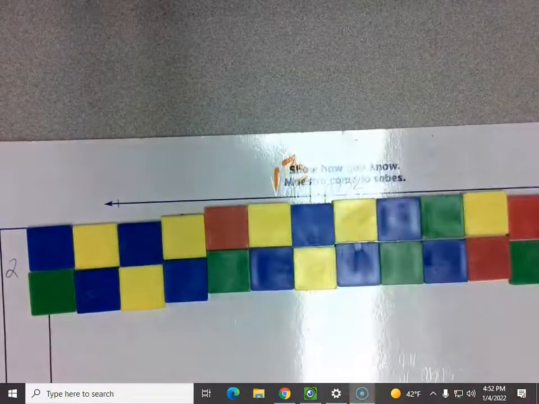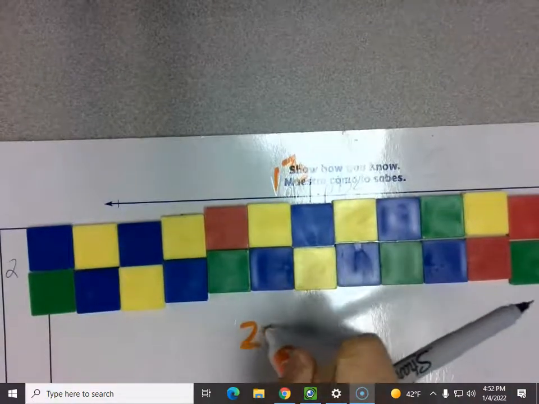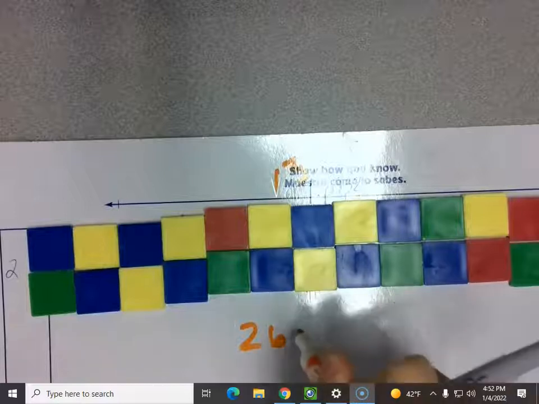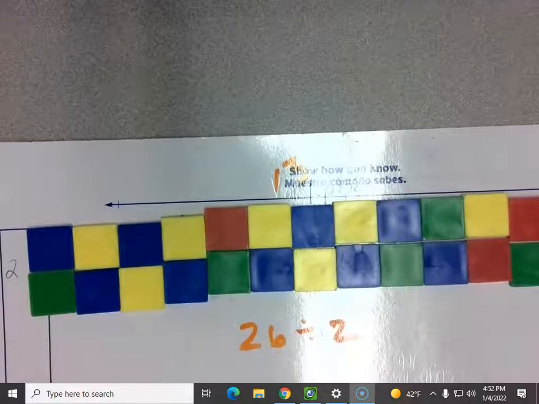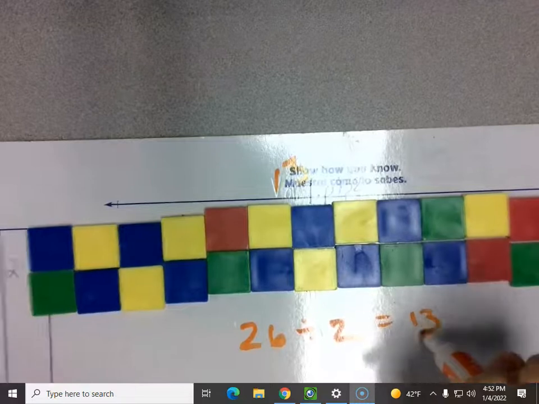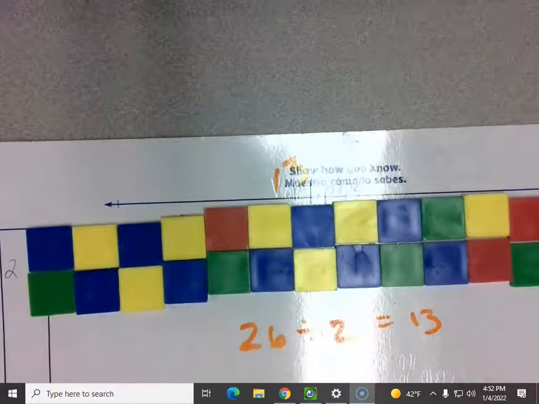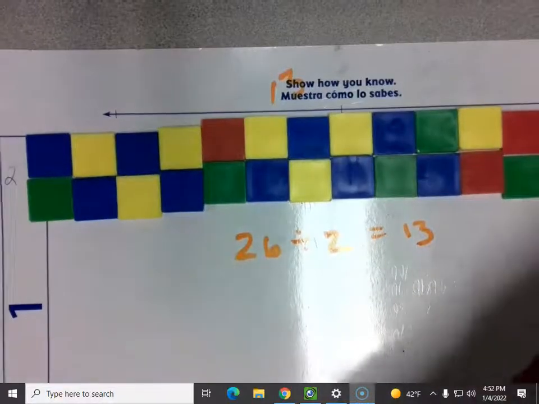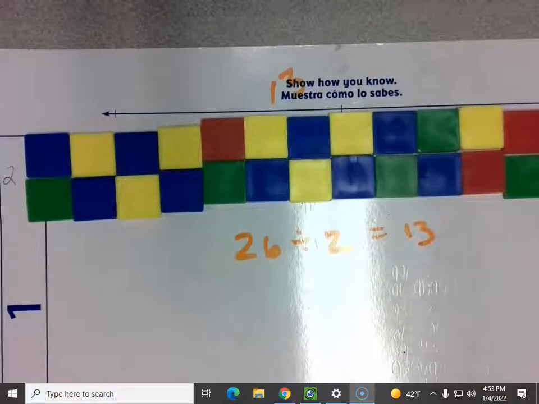So that tells me that if I have 26 tiles and I split them up into 2 rows, I'm going to have 13 of the tiles in each row. Another way to model that will be using my base 10 blocks.